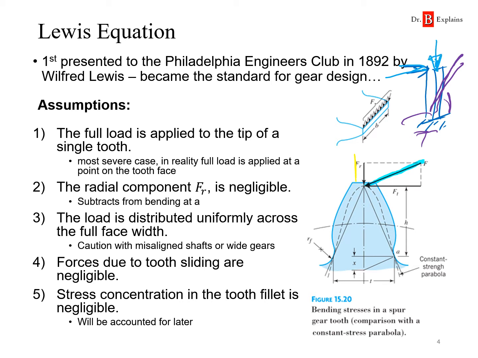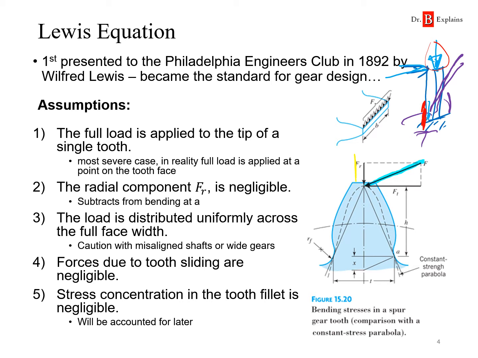So there's a component that pushes down, which is going to compress back up. Well, in the Lewis equation, that component is completely neglected. So it's giving a more conservative approach. It's predicting higher bending stresses than there actually are. Again, because the combined loading is going to tell us that we're going to have some compression here from the radial and then plus some bending, right?